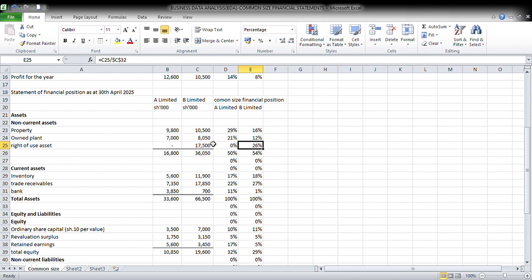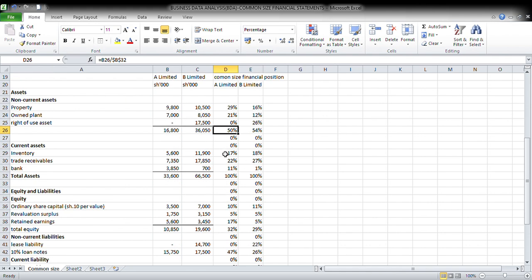Right of use means the asset that you don't own but you have the right to use. So still, it's not a real non-current asset. So meaning we only have 26% of the non-current asset. So in that regard, A still has a higher non-current asset than B.